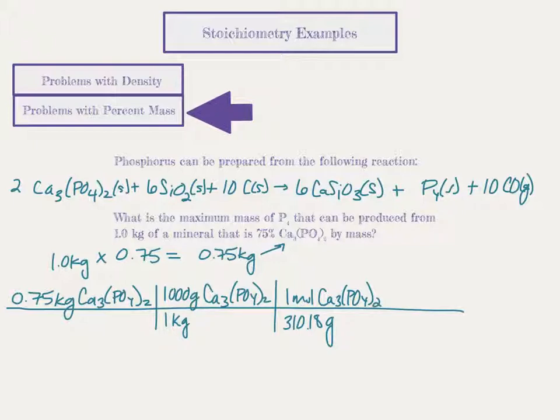Now is a great chance for us to reread the question. We're looking for the maximum mass of phosphorus. Okay, so we'll check out the mole-to-mole ratio from the balanced chemical equation. We have a 2 in front of our calcium phosphate, 2 moles calcium phosphate.